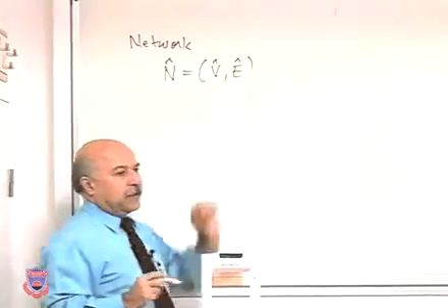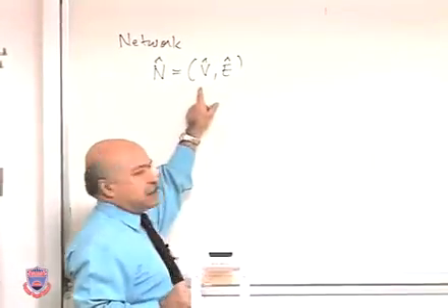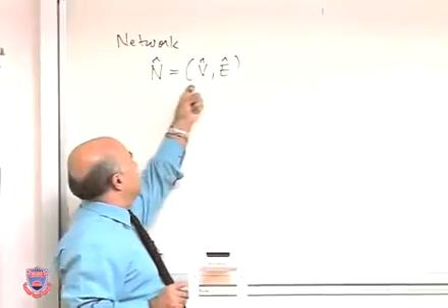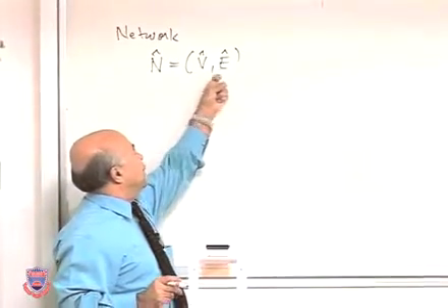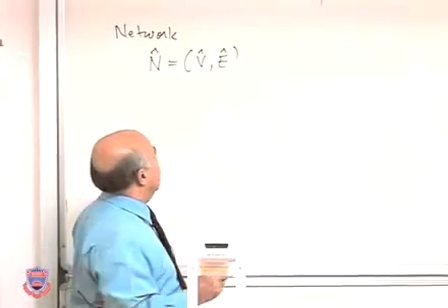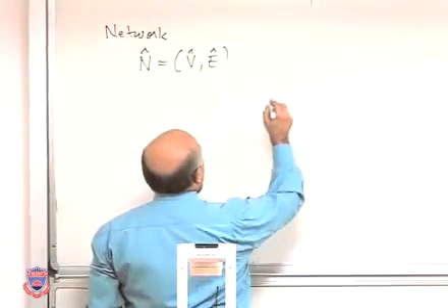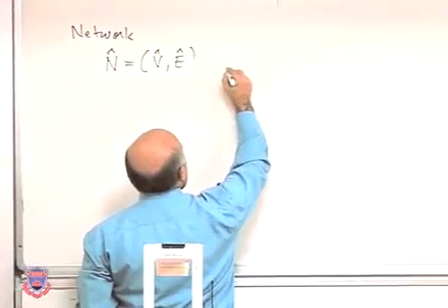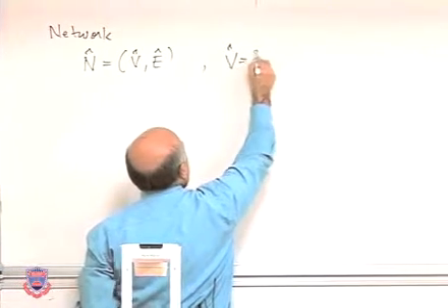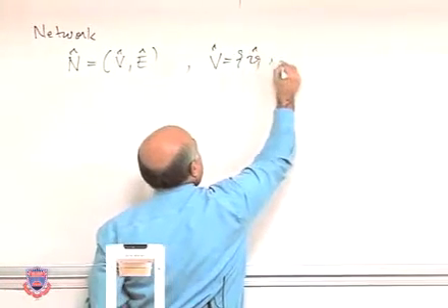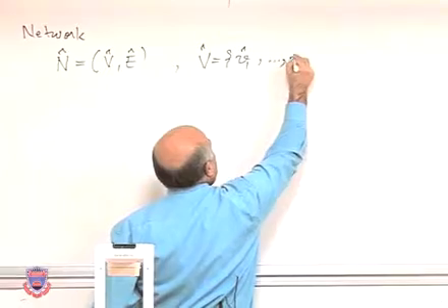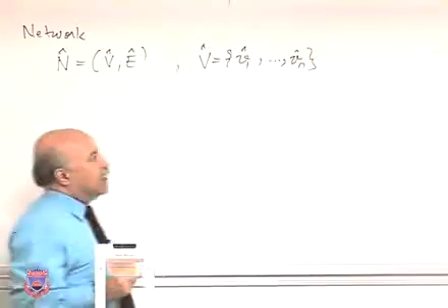We have an undirected connected network with node set V-cap, edge set E-cap, consisting of undirected edges, and we assumed V-cap had n nodes in it.